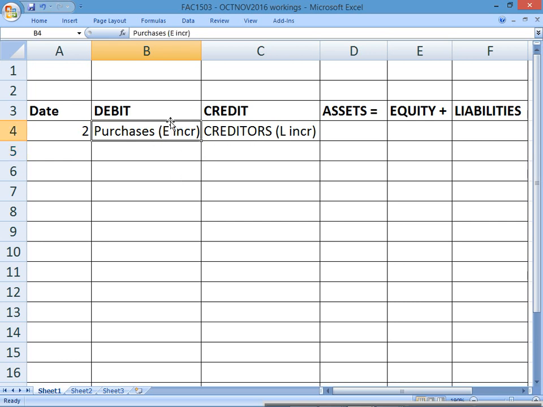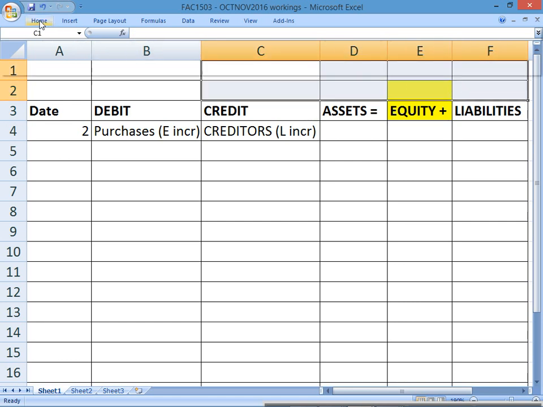Expenses increase. Last week, or week before rather, we spoke about equity. Remember we spoke about capital. See, this is revision from last time. How does capital affect owner's equity?